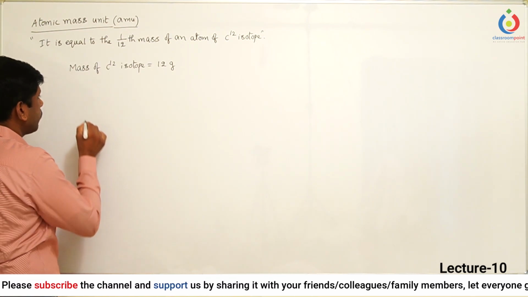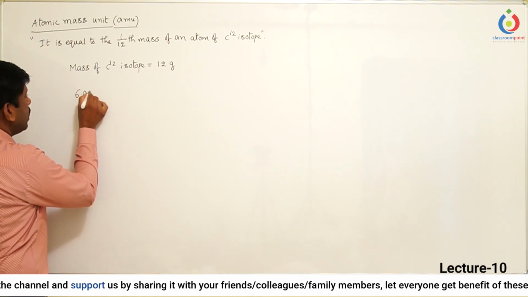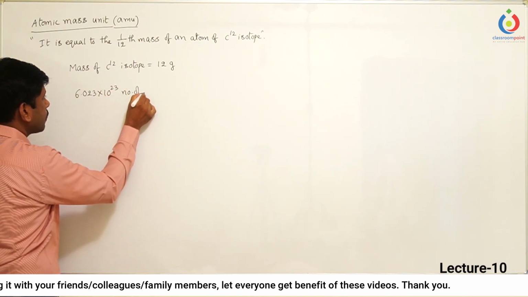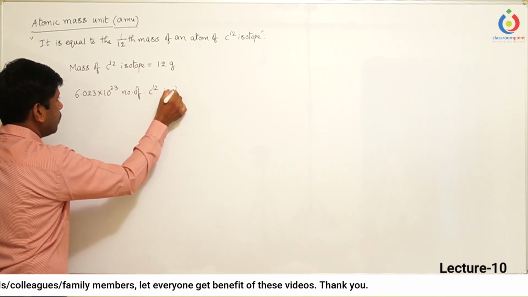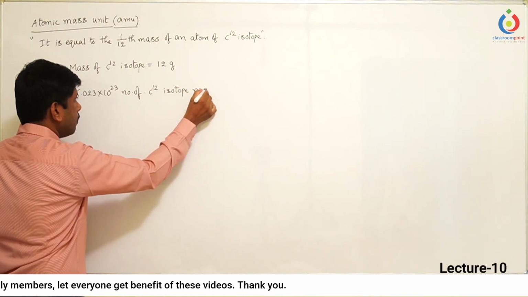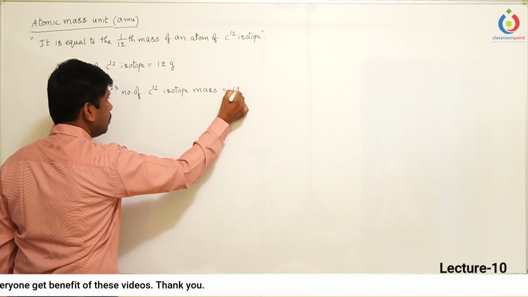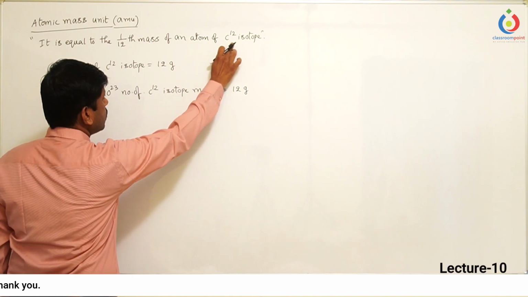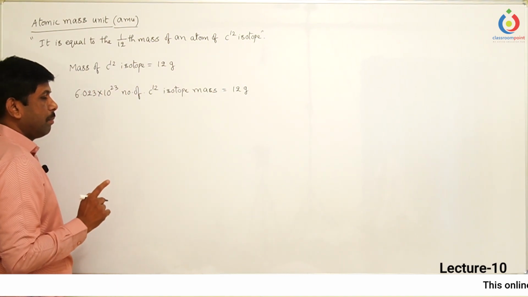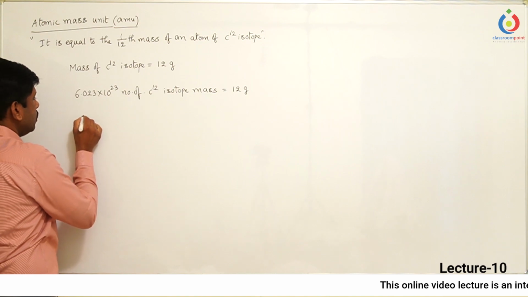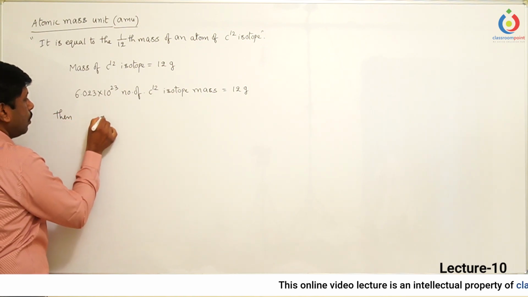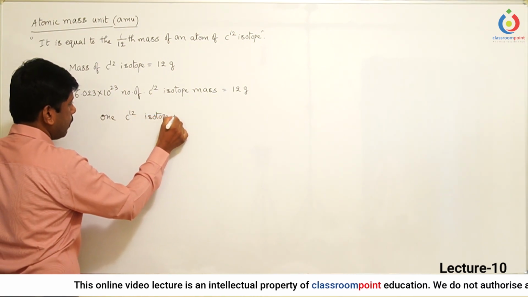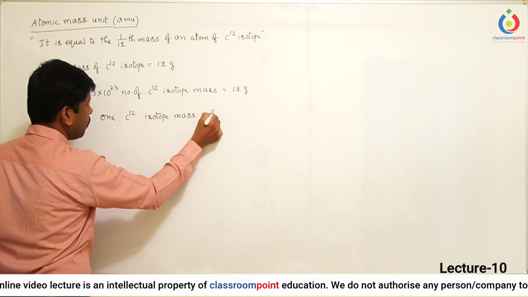That means Avogadro's number. So we can write this as 6.023 into 10 power 23 number of C12 isotope mass is equal to 12 grams. Then they asked about an atom of C12 isotope, meaning a single carbon 12 isotope mass. So one C12 isotope mass equals how much?